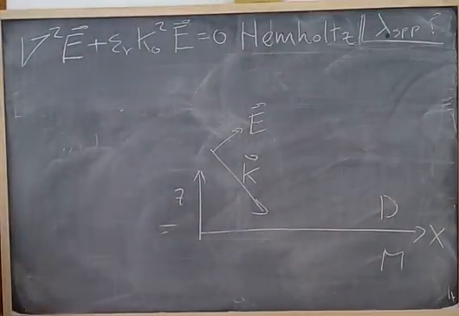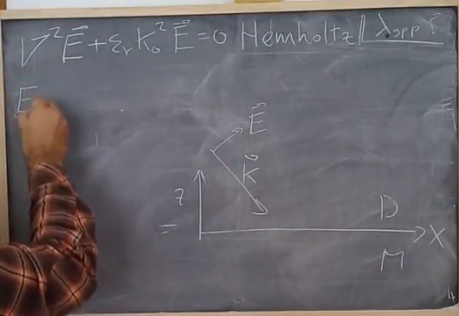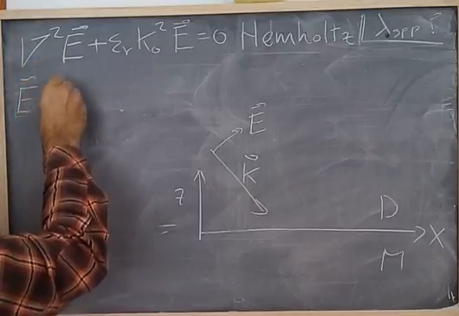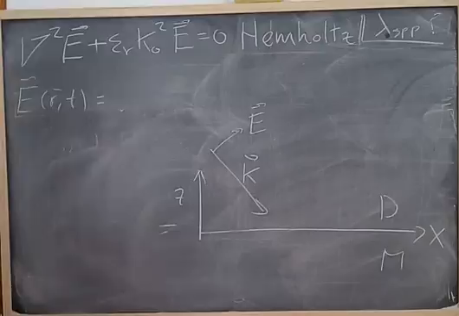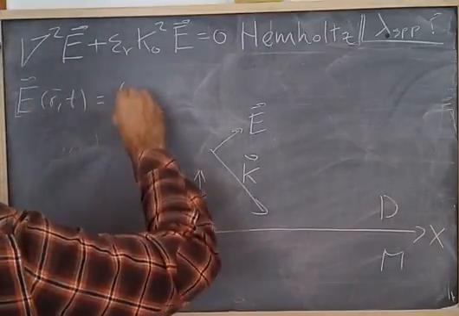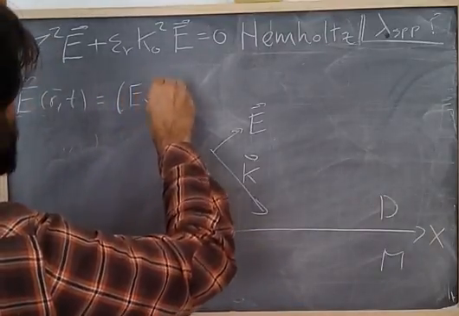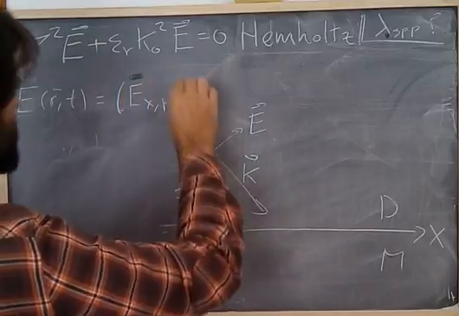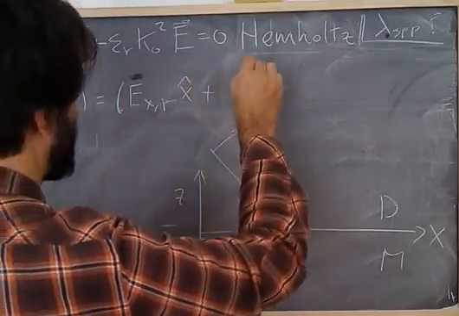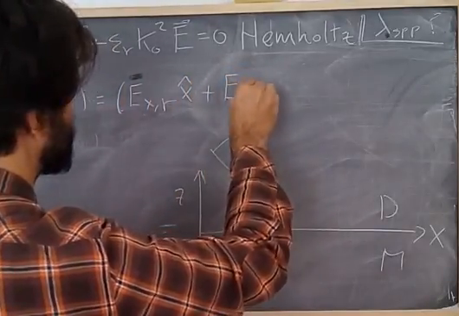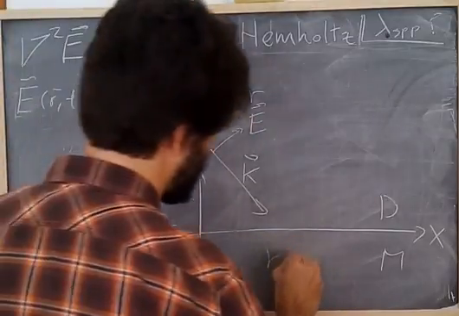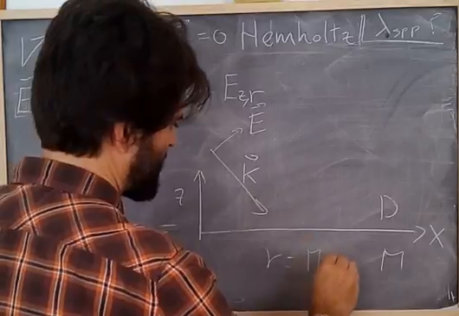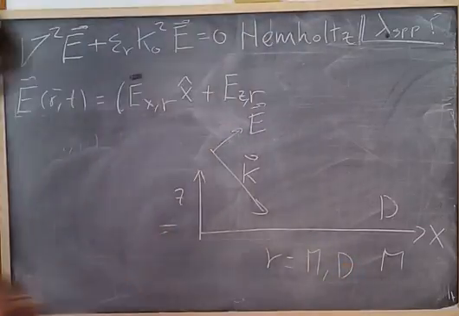And we can suppose, imagine, that the vector E is equal to E0 r times an exponential, where r means metal or dielectric medium, right?